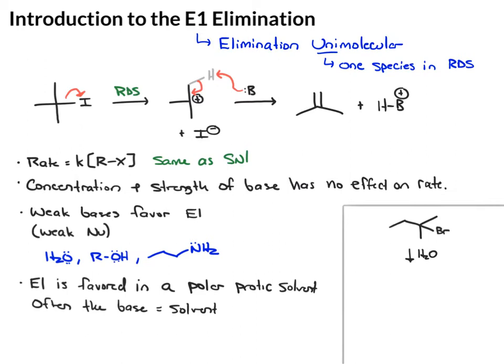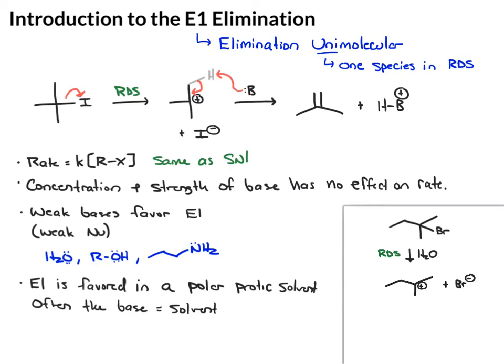Let's look at one last thing in terms of the reaction for E1 and how it's comparing to SN1. So let's say we take this tertiary bromide in the presence of water. Here's the rate determining step where we lose the leaving group to get the carbocation. That's the slow step. Anything that happens after this is going to happen at a much faster rate than the slow step.